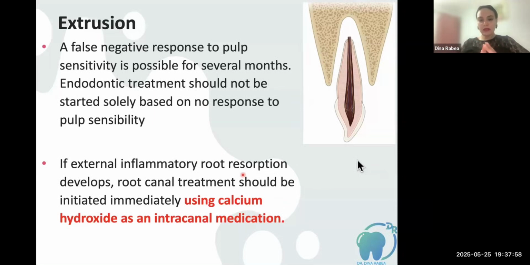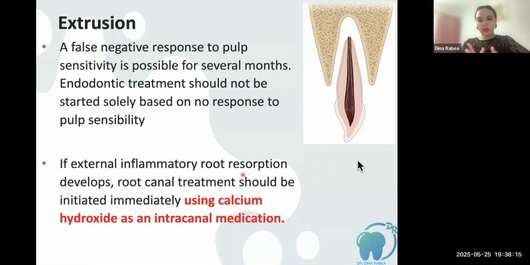So upon following up radiographically, if we see signs of external root resorption due to infection, we have to use calcium hydroxide as an intracanal medication and reapply it until root resorption stops on the radiograph.